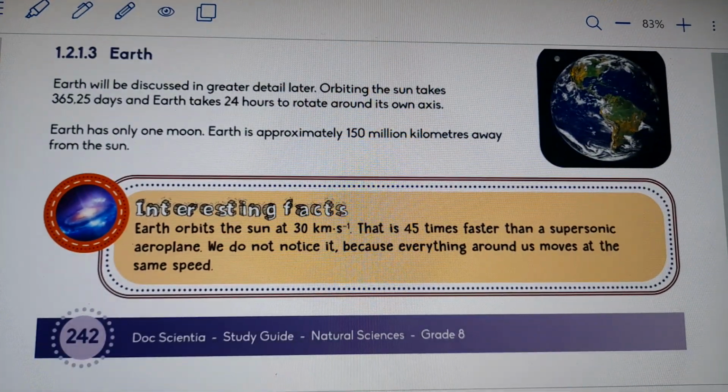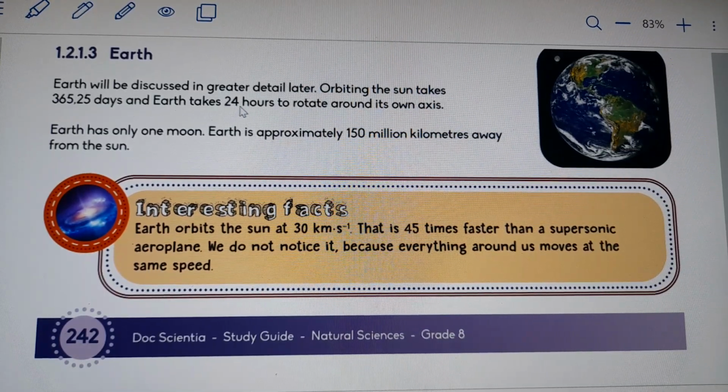We're going to planet number 3 now. And planet number 3 is where we belong, the Earth. Very interesting. Earth will be discussed in greater detail later. Orbiting the sun takes 365.25 days, which is what we call a year, the number of days that the Earth takes to move around the sun.